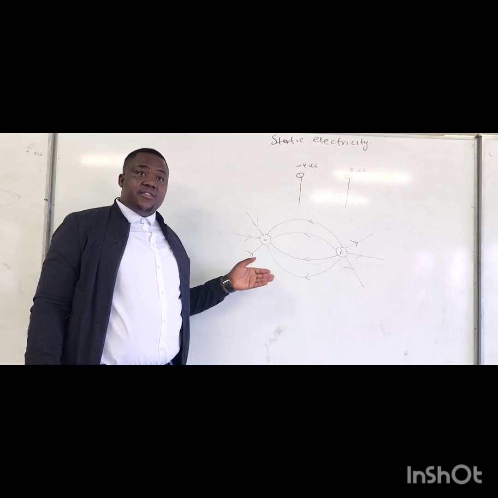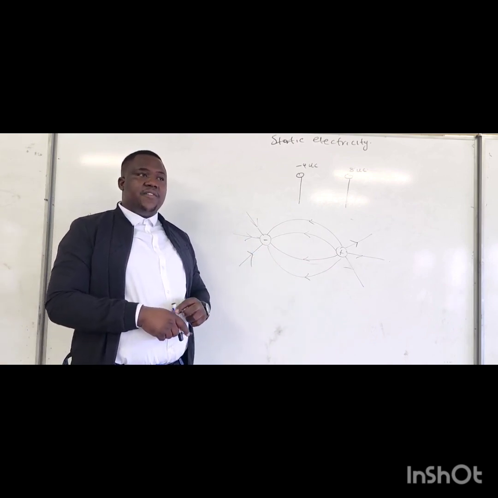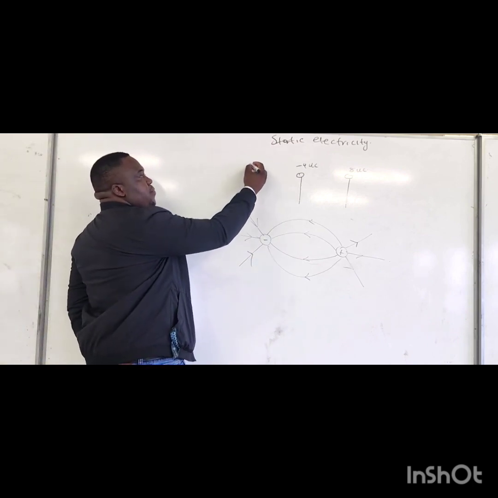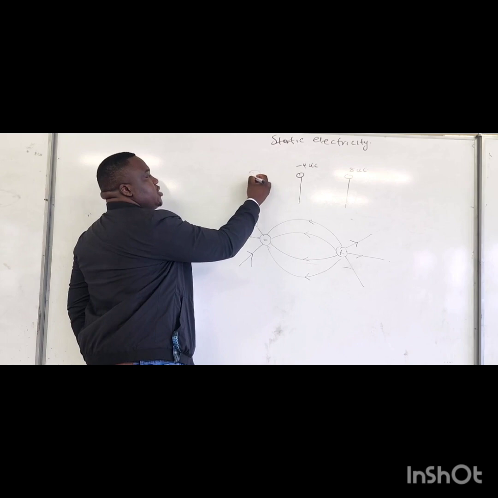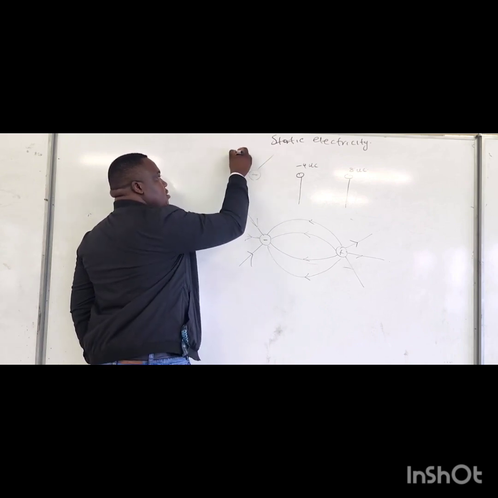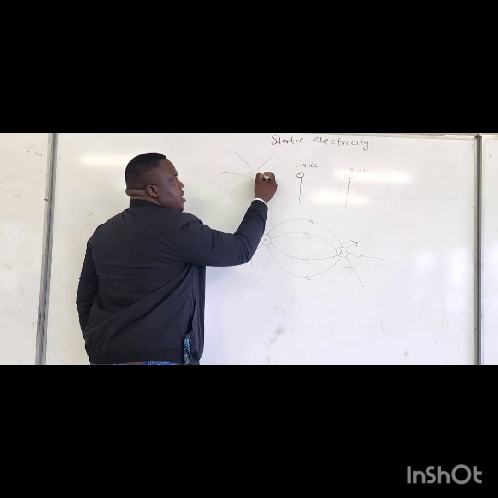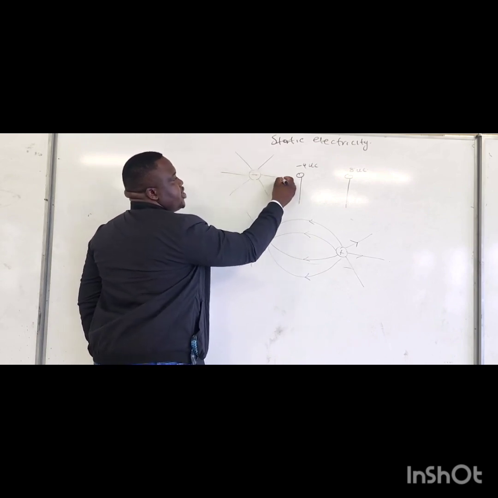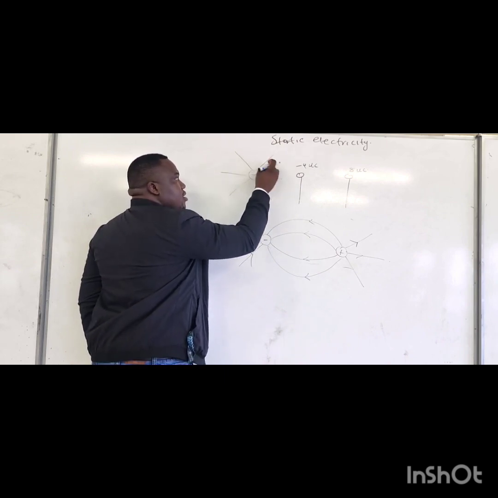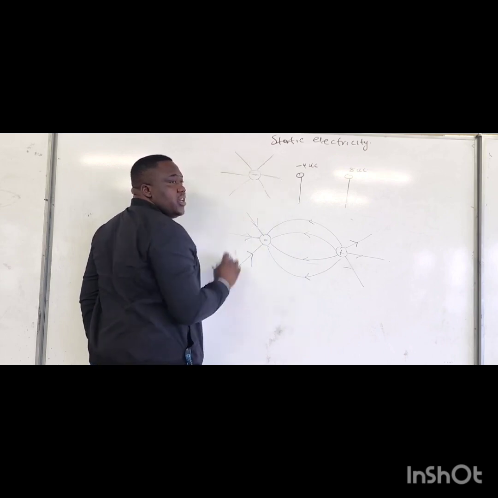But if we were to draw the electric field on one charge, which is negative, we just draw the lines. We just draw an X, so that the shape becomes radial. You can see the shape is radial and the spaces between them are equal.